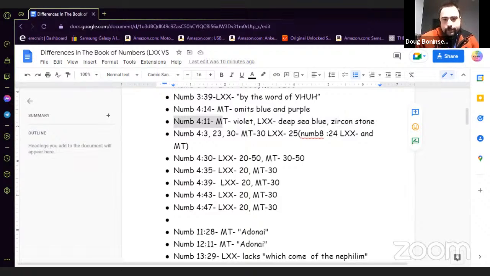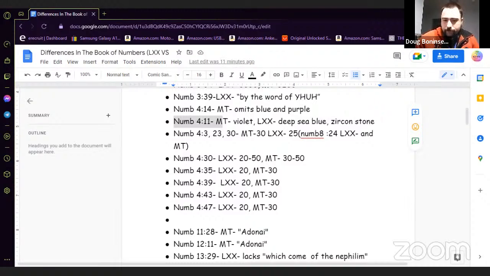Interestingly enough, the ISR actually translates it as blue. So even though the Brown-Driver-Briggs dictionary tries to say it's violet, you have almost every translator translating that word as blue. I find that interesting.